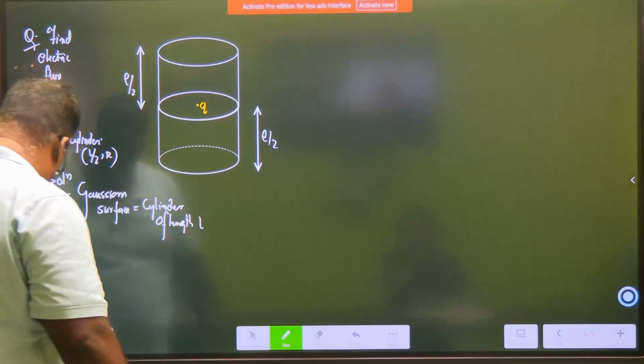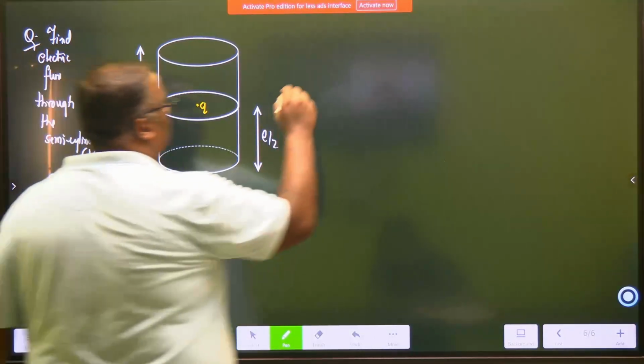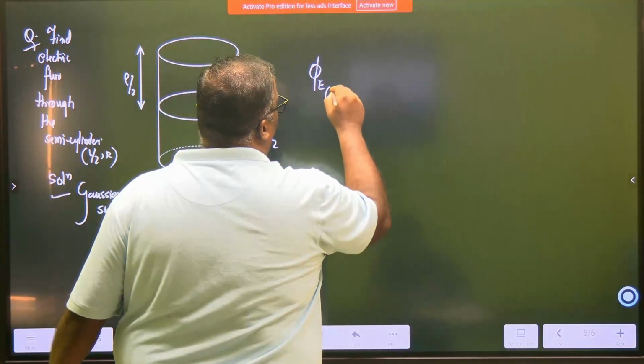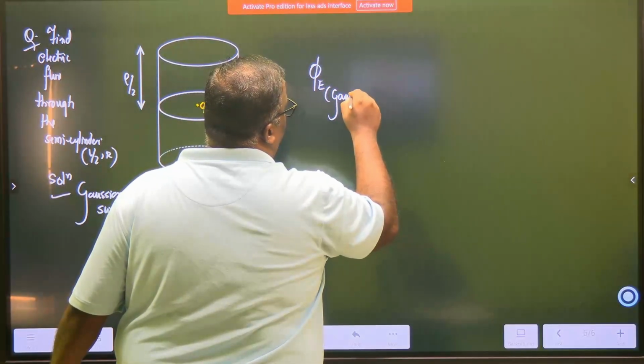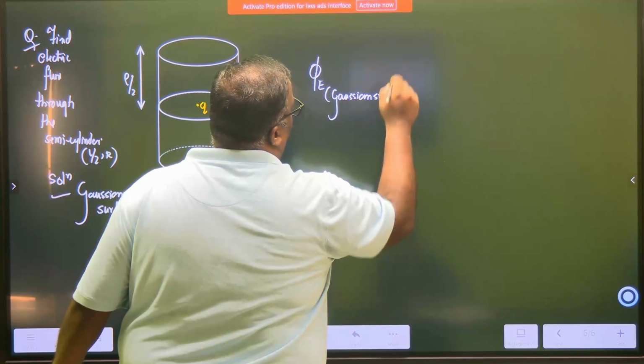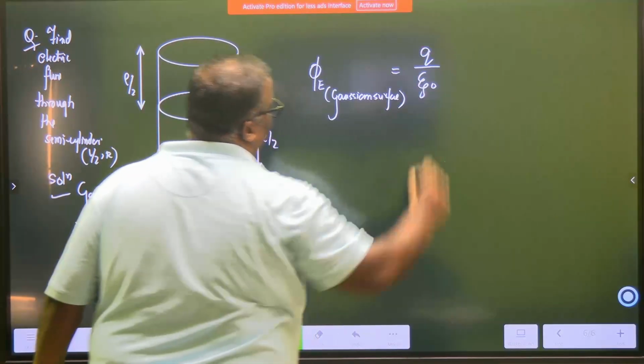Now you tell me, the flux phi E through the Gaussian surface is equal to how much? Q by epsilon naught.